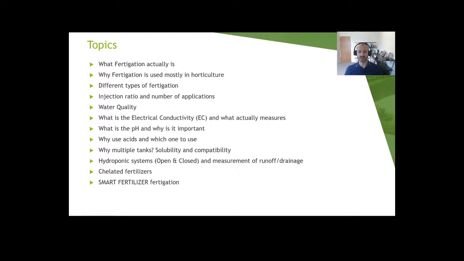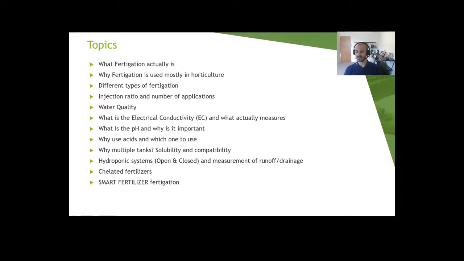And connected to the pH, we will talk about acids, why we're using acids and why they're important. And also, if you used fertigation before, I'm sure some of you did already, why we use multiple tanks for the stock solutions. And also we'll talk a bit more in detail about hydroponic. So what is hydroponic, what is an open and what is a closed hydroponic system, and why the measurement of runoff or drainage, whatever you prefer to name it, is important.